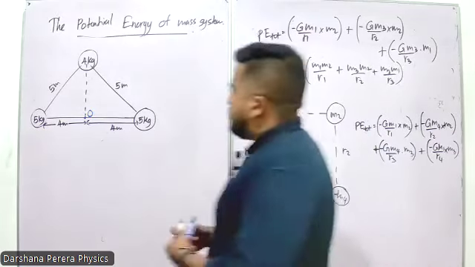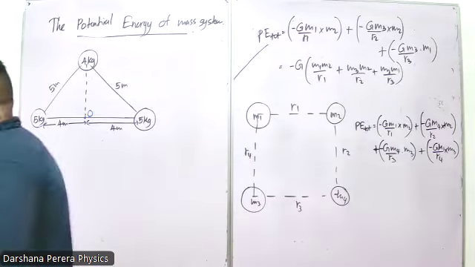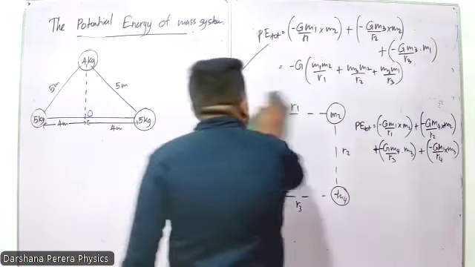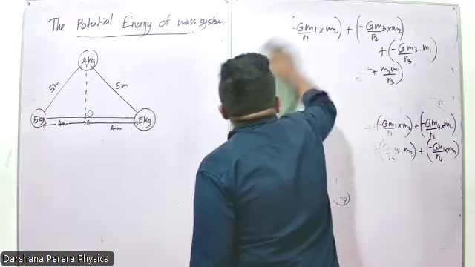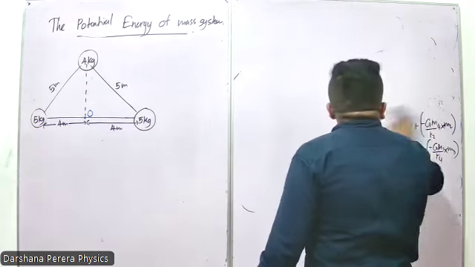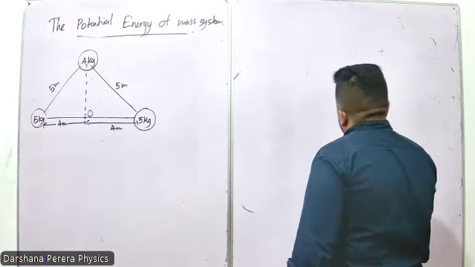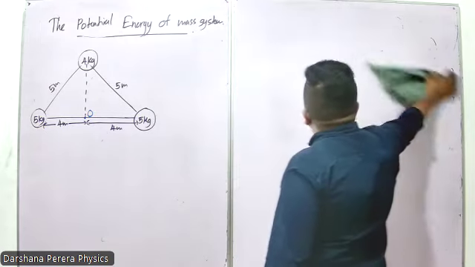Okay, write down this one. You have to find what is the gravitational potential at the O point.